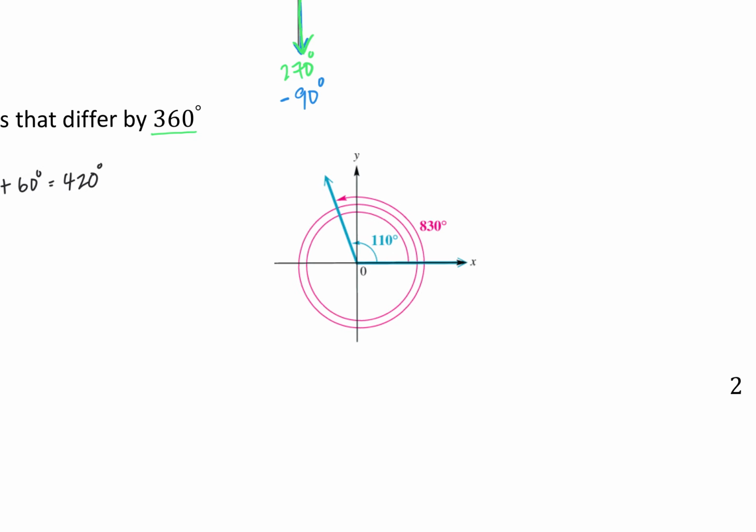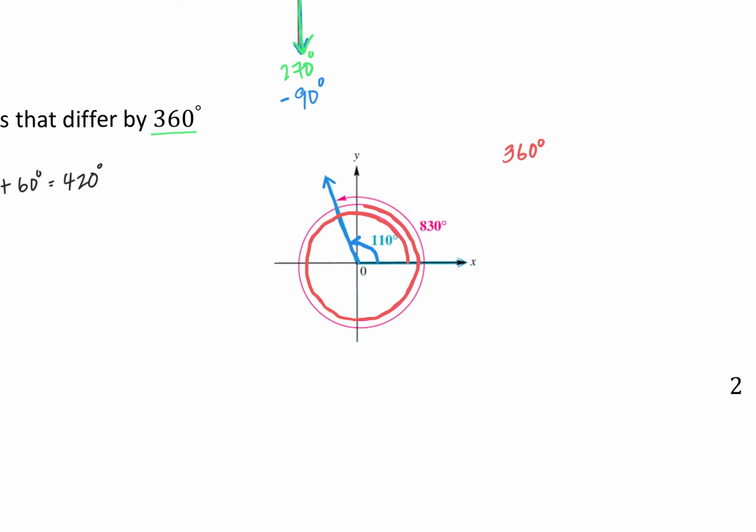In this second example, the first angle that we're looking at is this angle of 110 degrees. So we've gone into quadrant 2. We have our terminal side. And then our second angle starts, same initial side, goes around one full rotation. So that's 360 degrees.